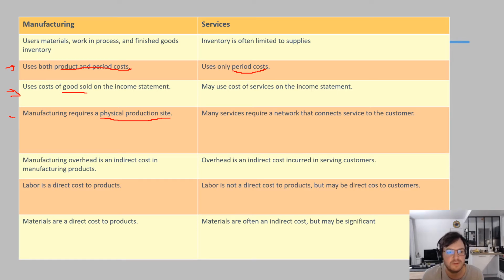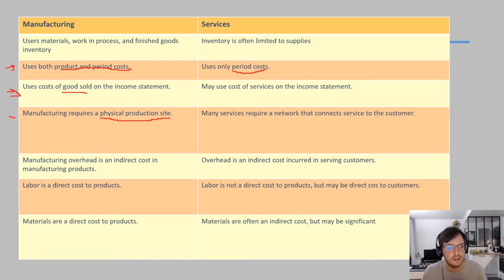Another difference: manufacturing overhead is an indirect cost in manufacturing products, but in services, overhead is an indirect cost incurred in serving customers. So what is the difference here? Manufacturing overhead is used to produce the product, but overhead in services is defined more by the fact that we use it to serve our customers. So it's a clear difference in this category.